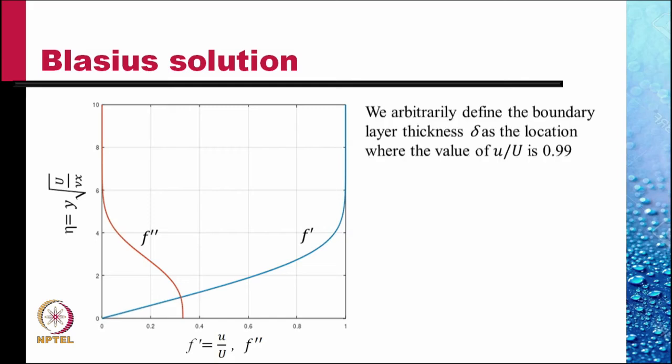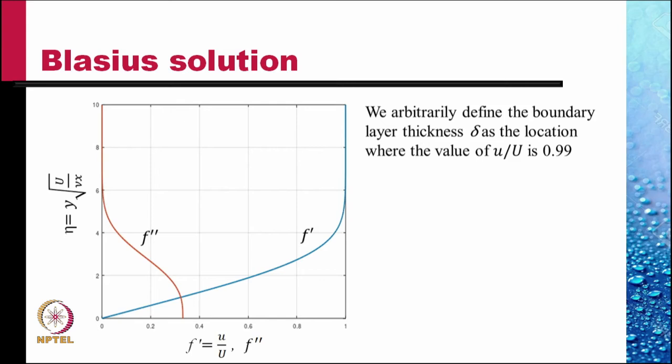We arbitrarily define the boundary layer thickness delta as the location where the value of u divided by capital U is 0.99. That is, the streamwise velocity within the boundary layer is 99% of the inviscid velocity on the flat plate.